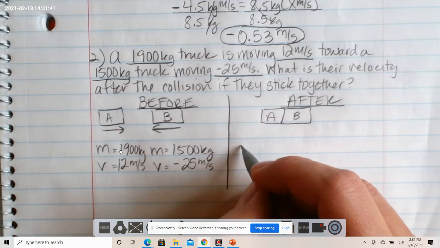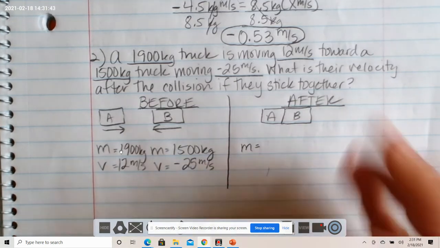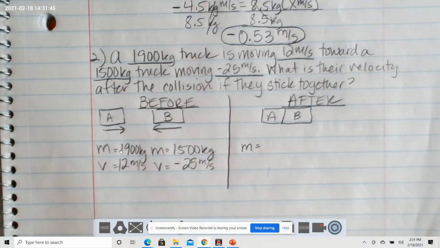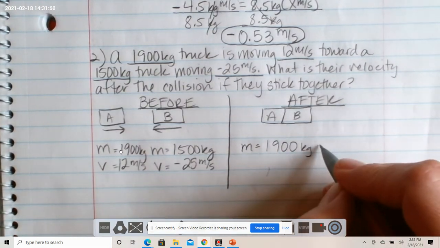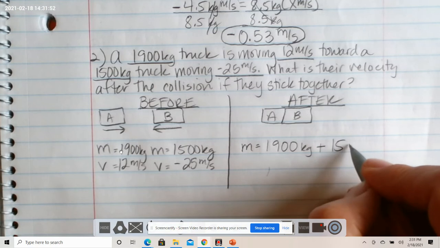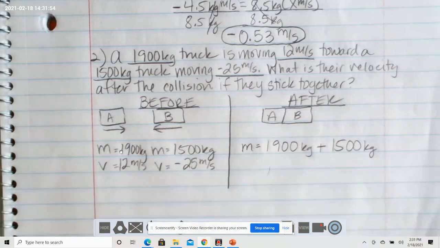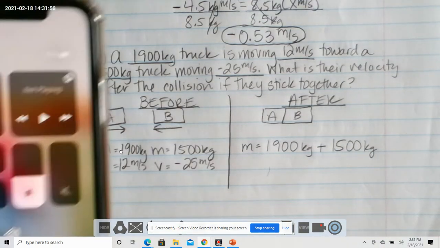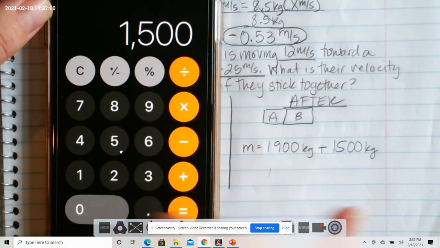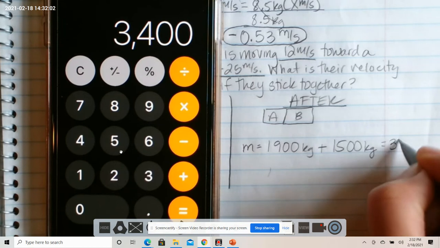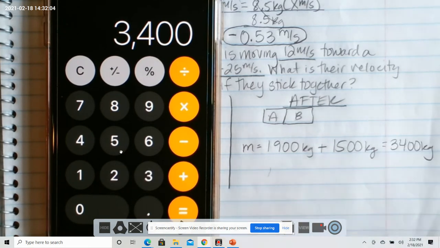So we do know that when they have a collision and they stick together, they become one mass. So I have to add my masses, 1,900 kilograms plus 1,500 kilograms. Okay, so just to be sure, you can check it because you don't want your math wrong. So 1,900 plus 1,500 equals 3,400 kilograms.